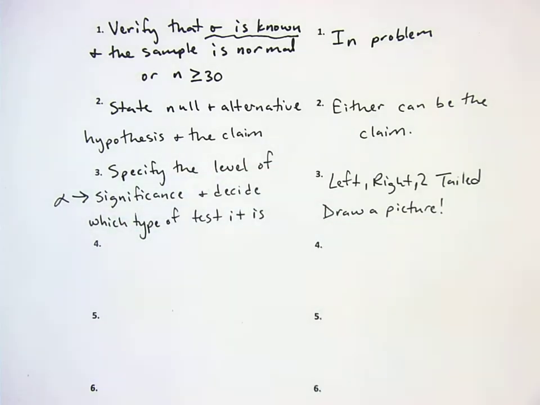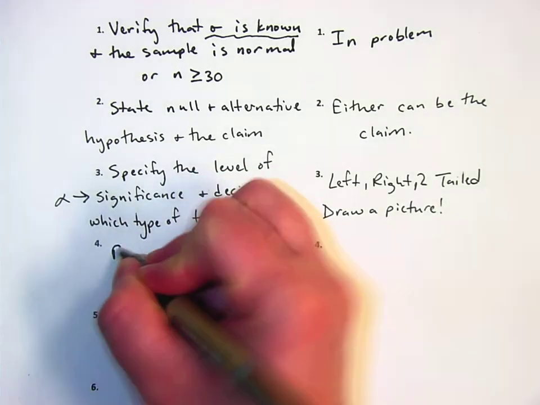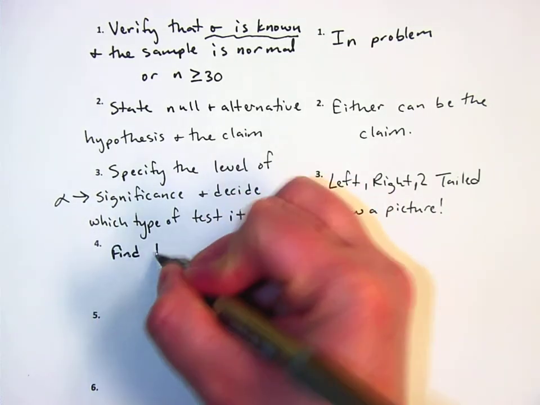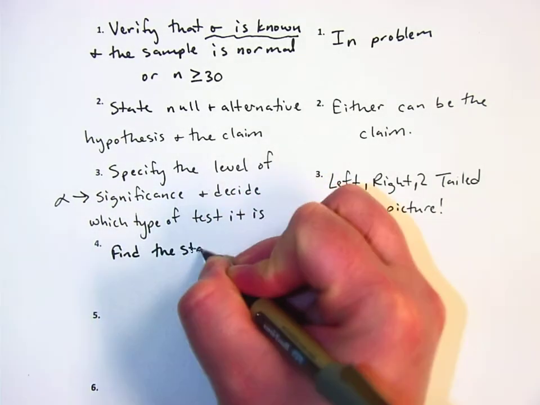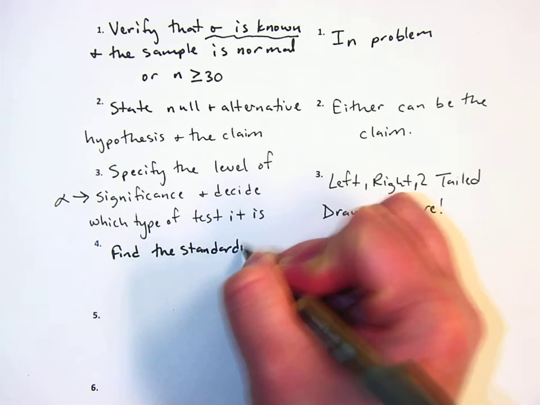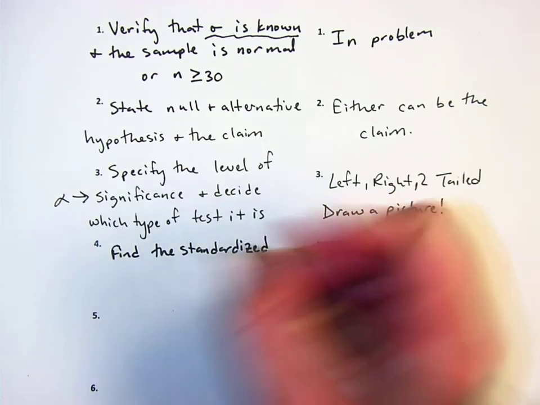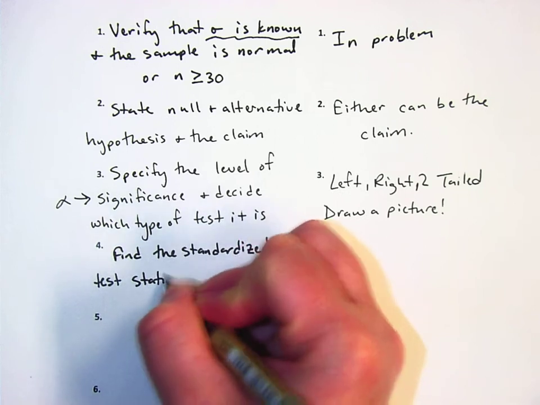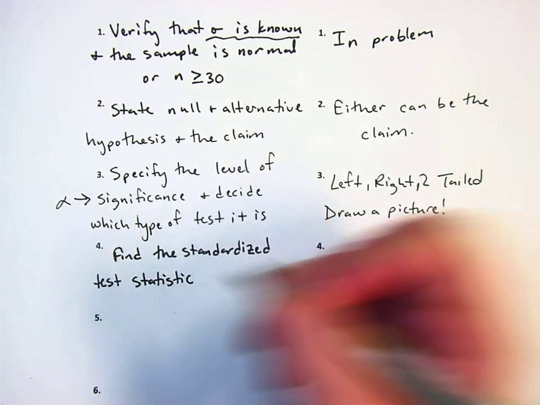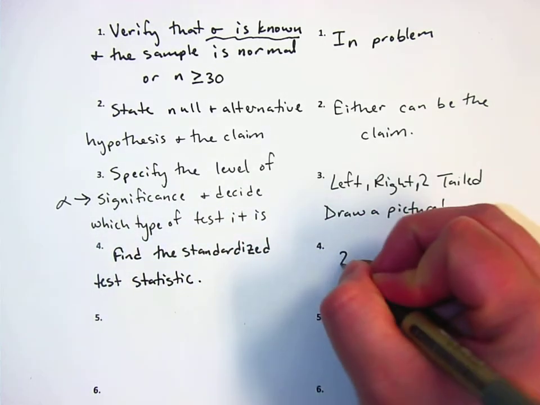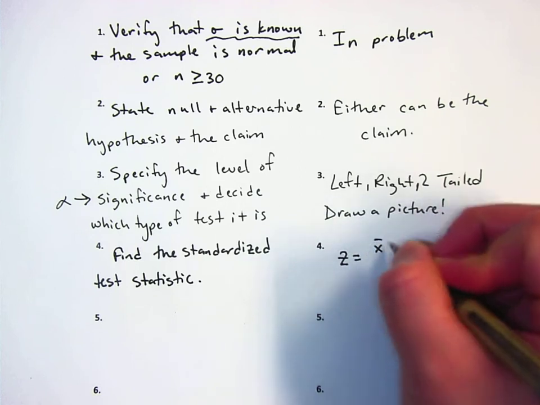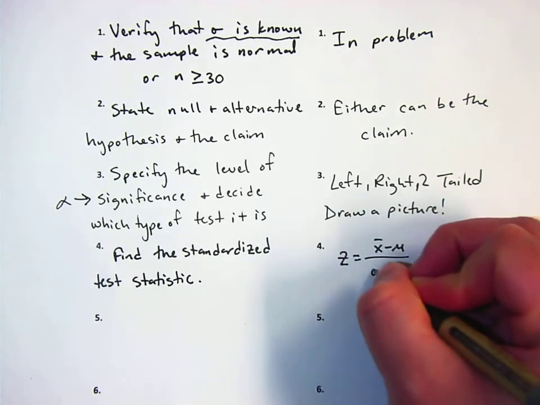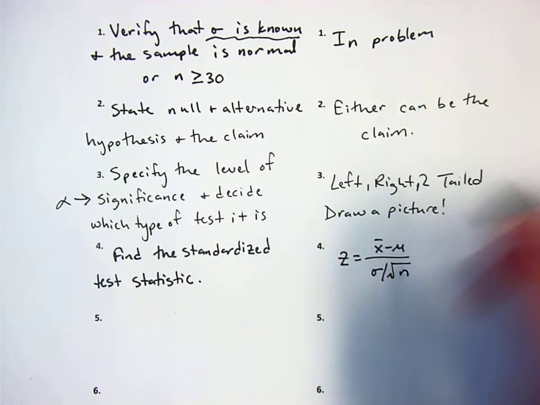All right, step 4 is to find the standardized test statistic. Same formula as before, z equals x bar minus mu over sigma divided by the square root of n.